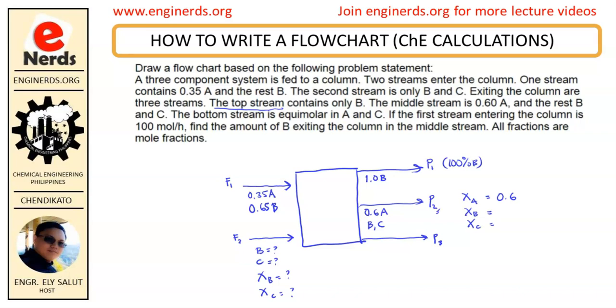So, I will write here XB, P2 to indicate that I am referring to the mole fraction of B in stream P2. And also in XC, I will write here P2. And then, para hindi tayo malito, dito sa ating stream na F2, i-change din natin yung abbreviation niya, no? So, I will take this out. And then, I will write here XB, F2.